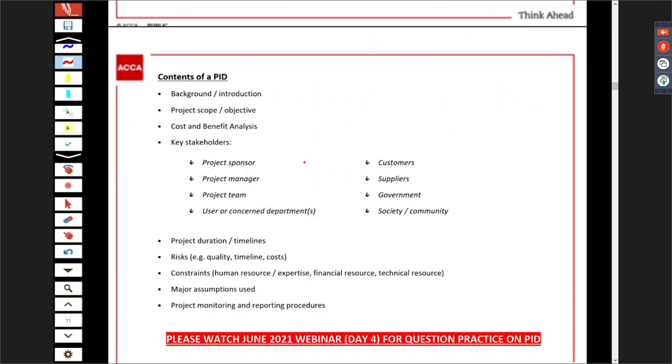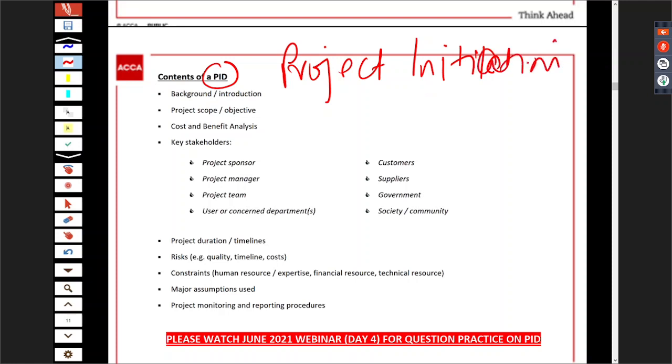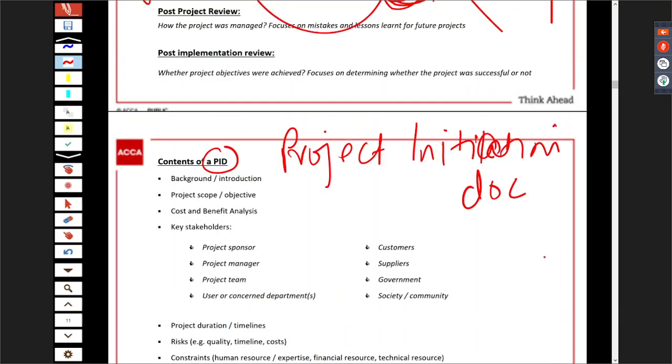Now, there's a very, very important document called the Project Initiation Document, PID, a very, very important document.